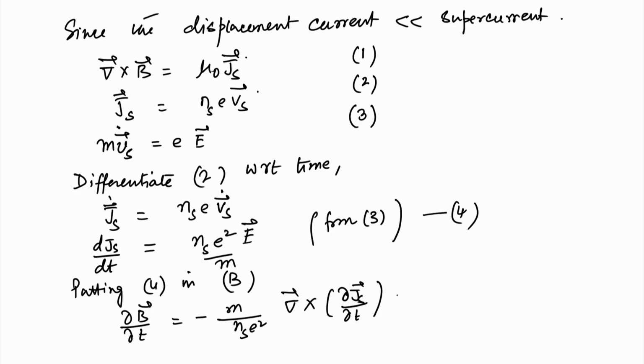And now I will use 4 to replace dJ_s/dt, so this is equal to minus m over N_s e square mu 0 curl of del B del t.